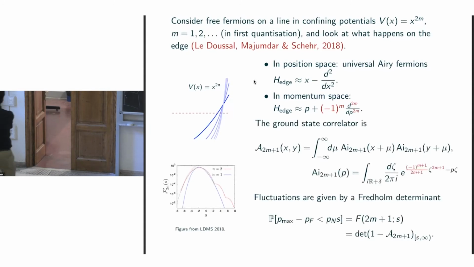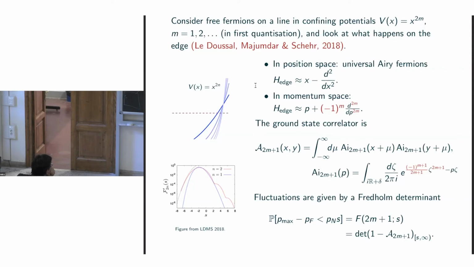And this term, p plus minus 1 to the m with the 2mth derivative in p, will have these very natural generalizations of the Airy functions as their wave functions, and in turn the ground state correlator is just given by something built up from these generalizations of the Airy functions.